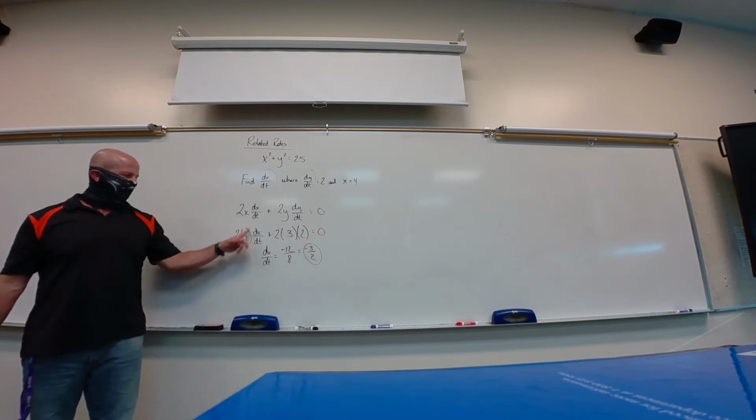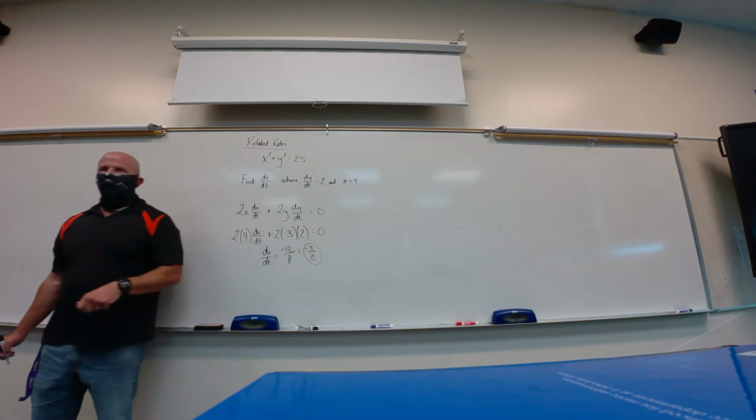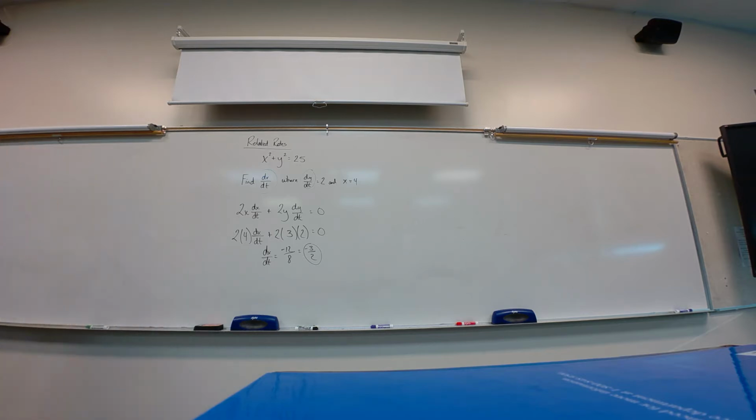So I'm trying to get this guy alone. Now that does not mean that dx/dt is always negative 3 halves. It's negative 3 halves at the moment the rate of y is 2 and the x value is 4. If those rates change, the dx/dt rate changes. That's why we have related rates. You've got two things going on at once.